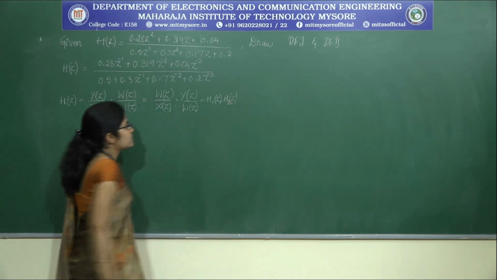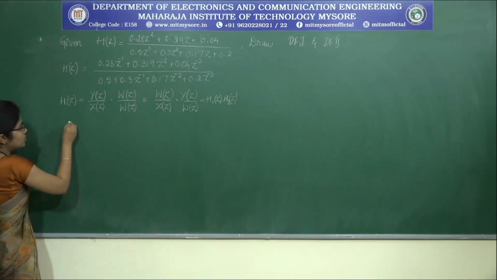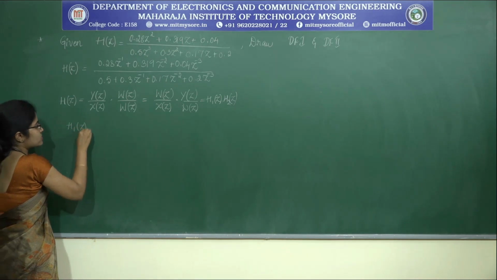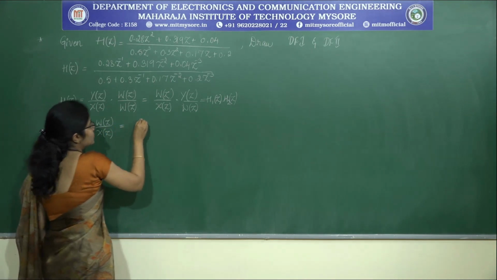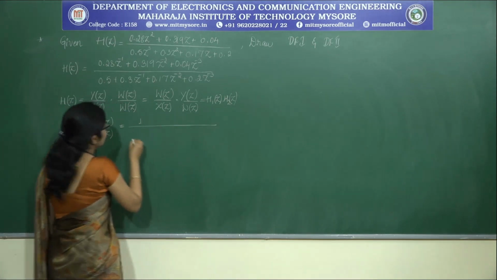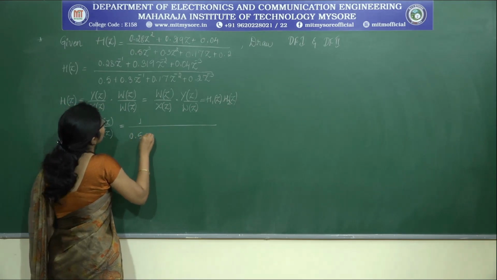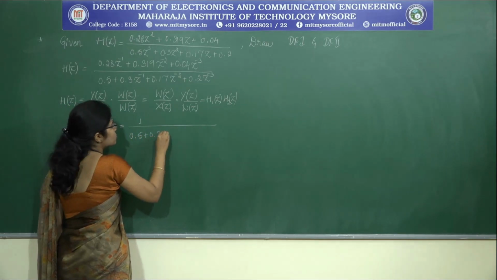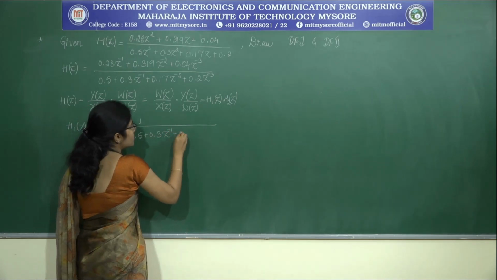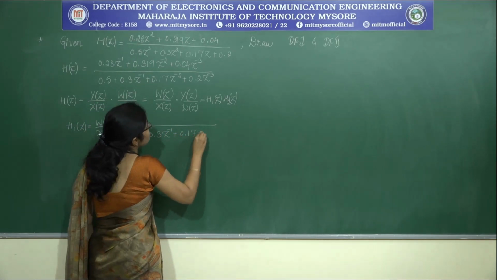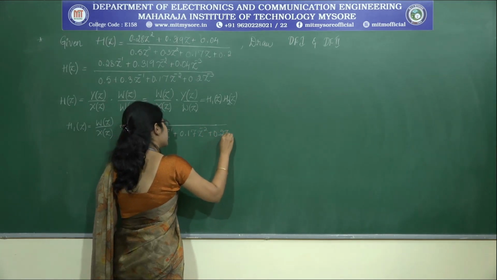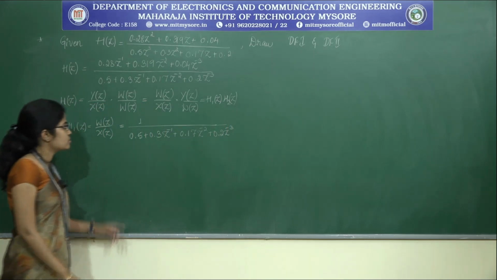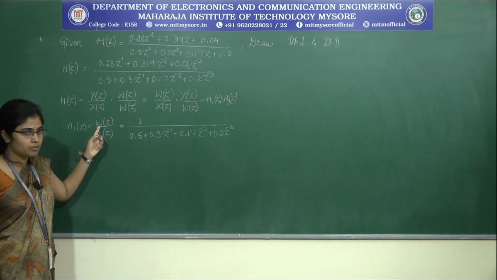So, what is H1 of z? H1 of z is nothing but W of z divided by X of z, which is equal to 1 divided by 0.5 plus 0.3 into z power minus 1 plus 0.17 into z power minus 2 plus 0.2 into z power minus 3. Now, let us do what? I need to find the expression for W of z.